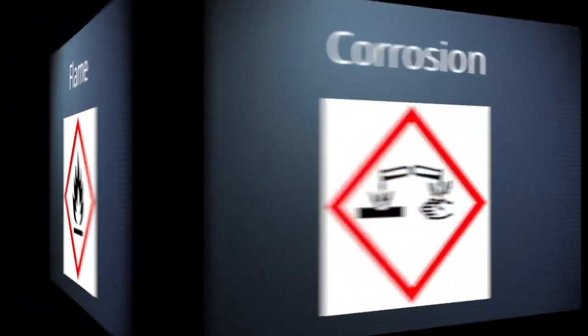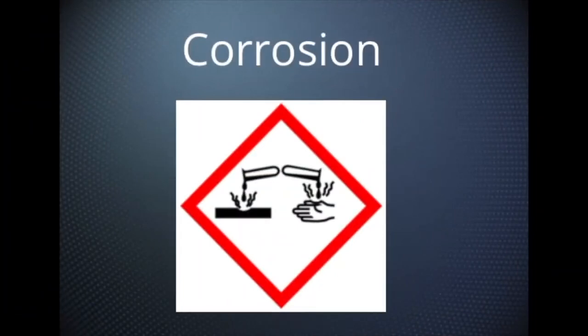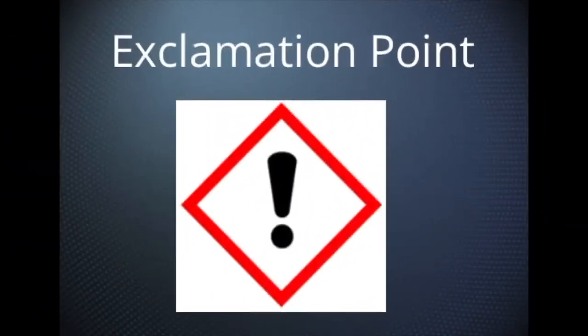The corrosion pictogram represents skin corrosion and burns, eye damage, and metal corrosion. The exclamation point represents products that are fatal, toxic, or harmful if inhaled, following skin contact, or if swallowed. They can cause severe burns, irritation, or allergic skin reactions.